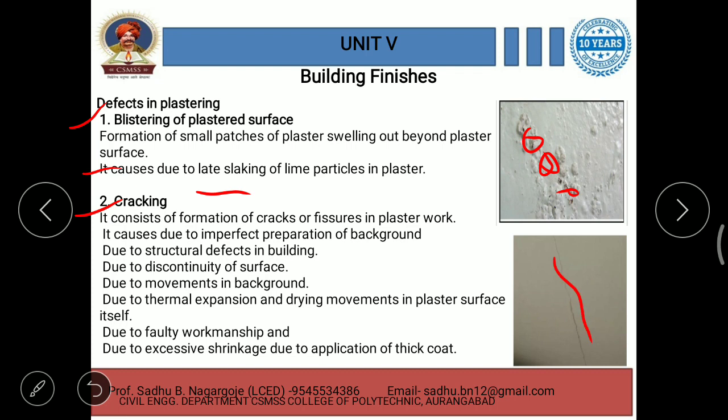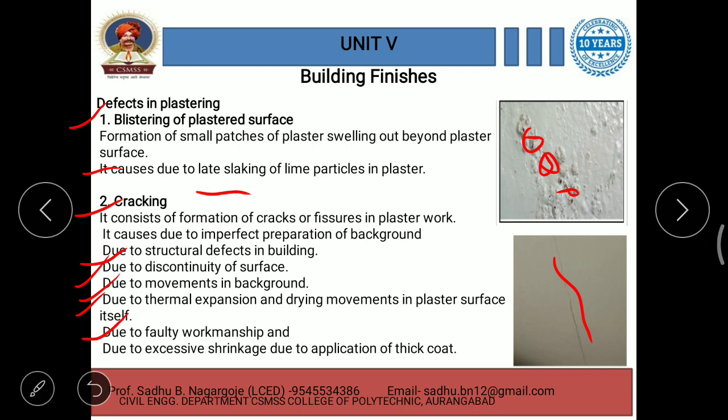It is caused due to imperfect operation of background, structural defects in building, discontinuity of surface, movements in background, thermal expansion and drying movements in plaster surface itself, faulty workmanship, excessive shrinkage, and application of thick coat.